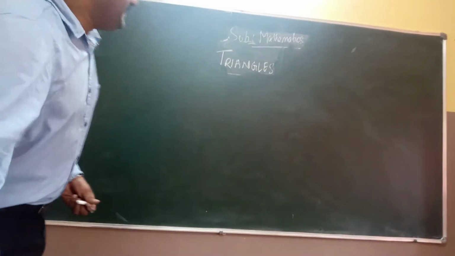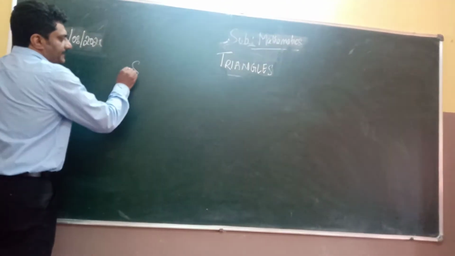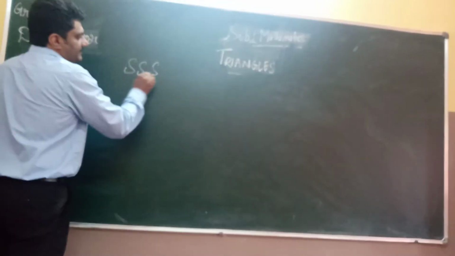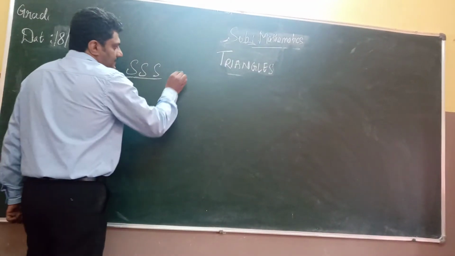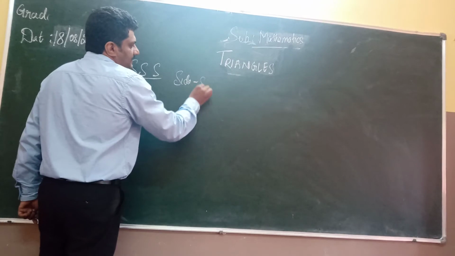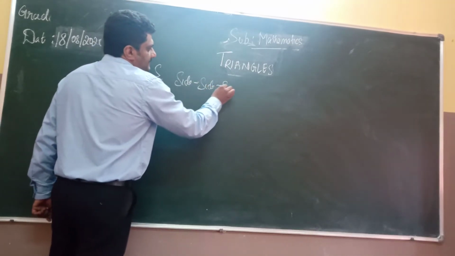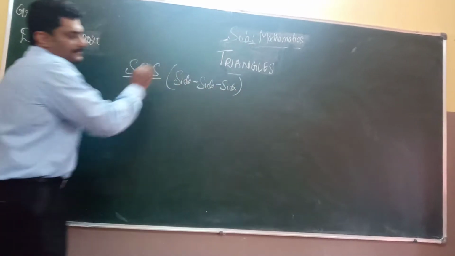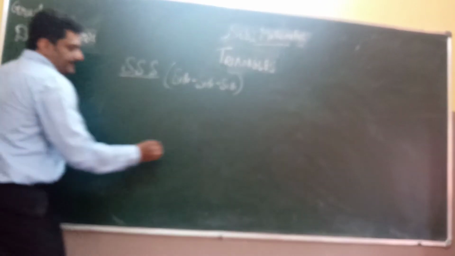Now the next criteria is SSS. That means side, side, side. I have two triangles again.